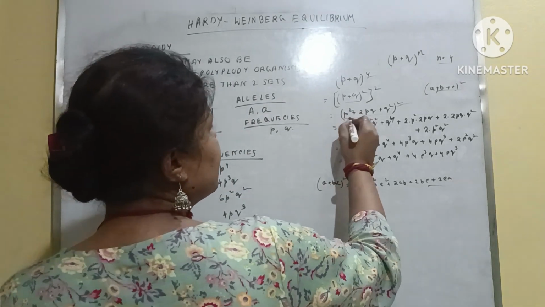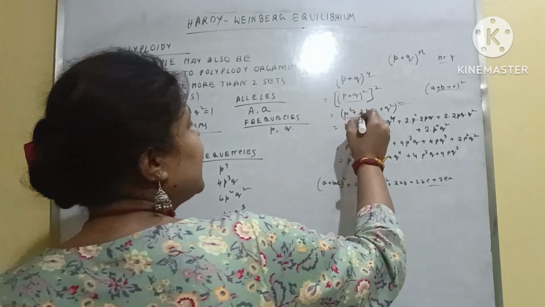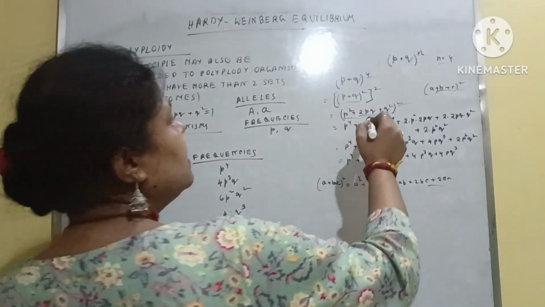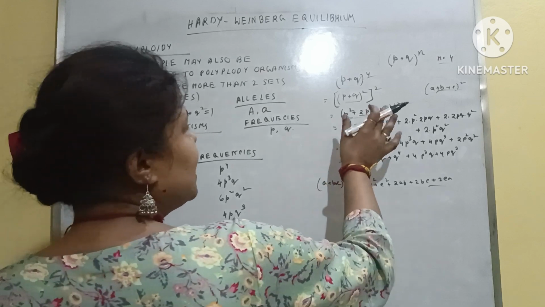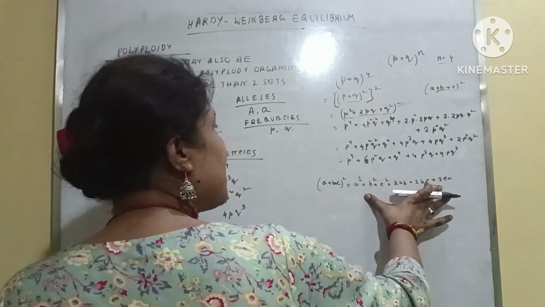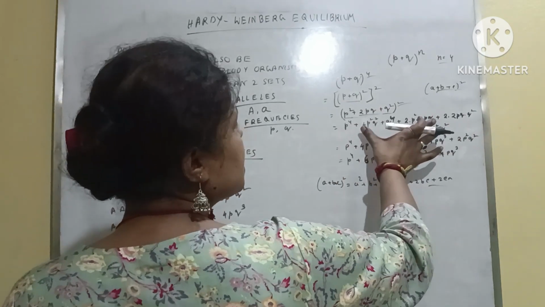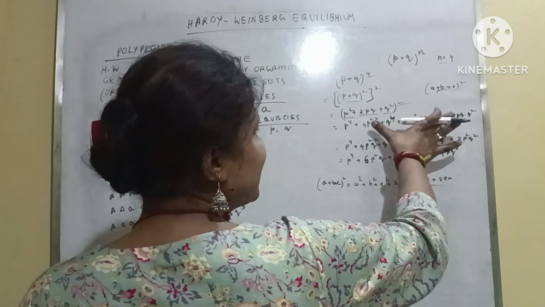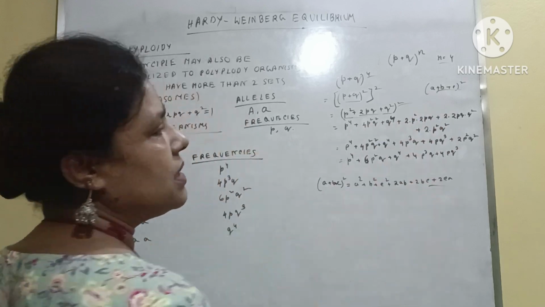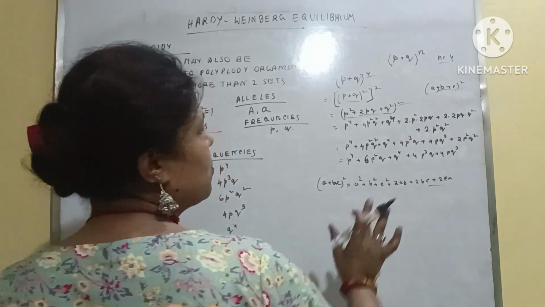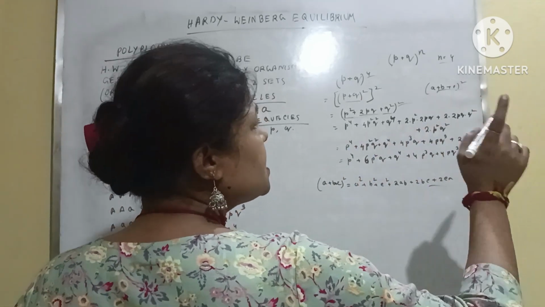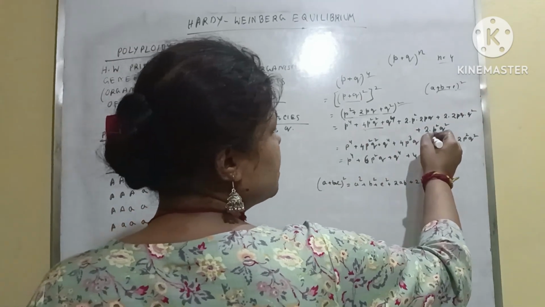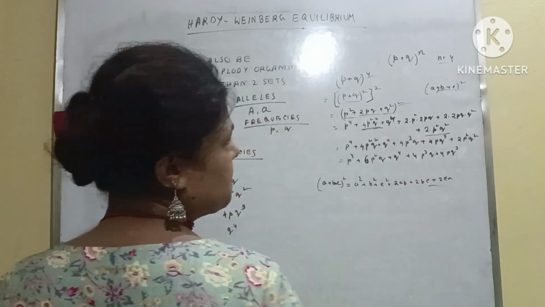Just putting the values in such a way, you take this as a, this as b and this as c. In that way, I just extended this in that pattern or formula. So the terms which are equal are this one and this one.